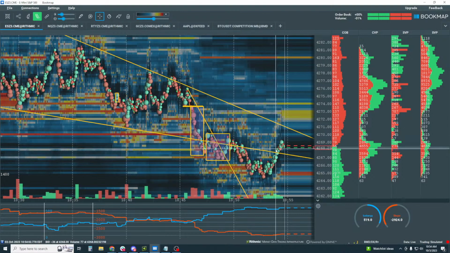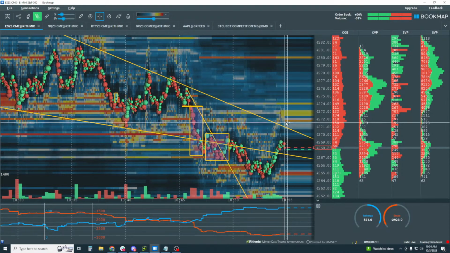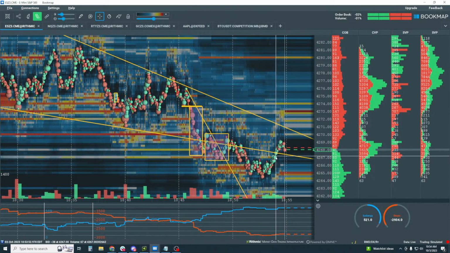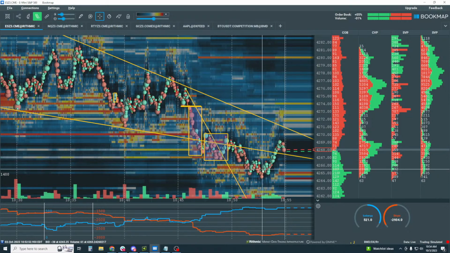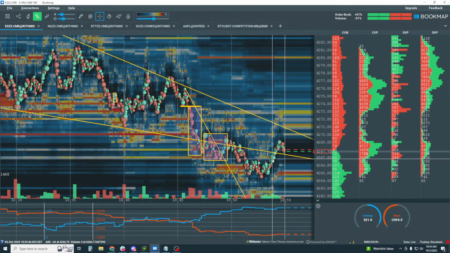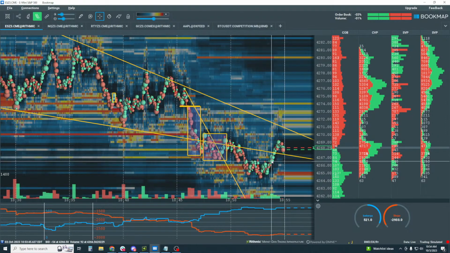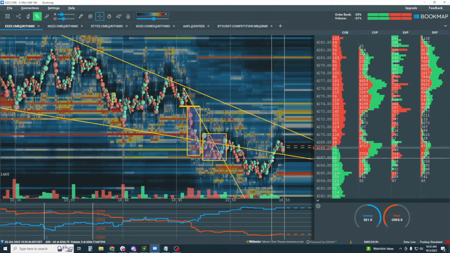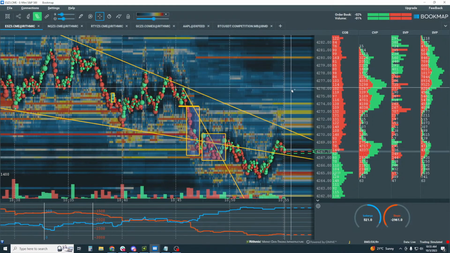This is how to manage these moves here. If you start to see a smaller structure down here, a new structure, and the buyer starting to come in like this, that's how you can look for, well, I might want to take some off, or I might want to exit, and I might want to look for that move back into the range.